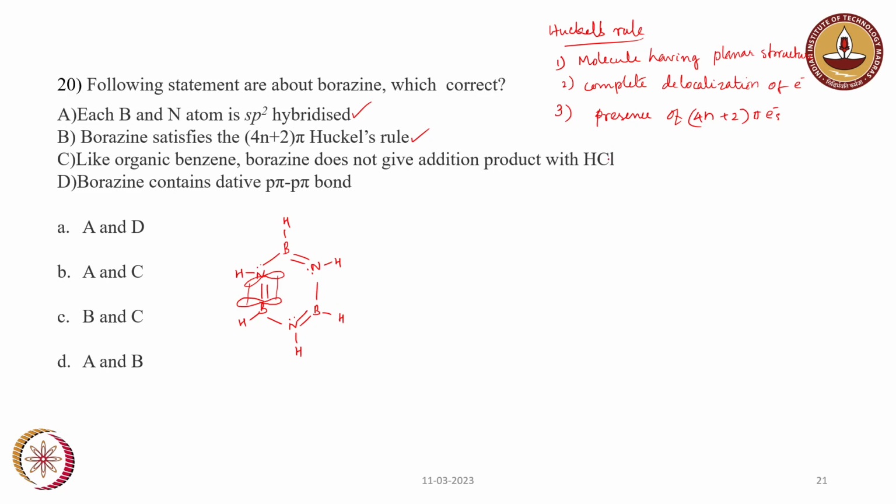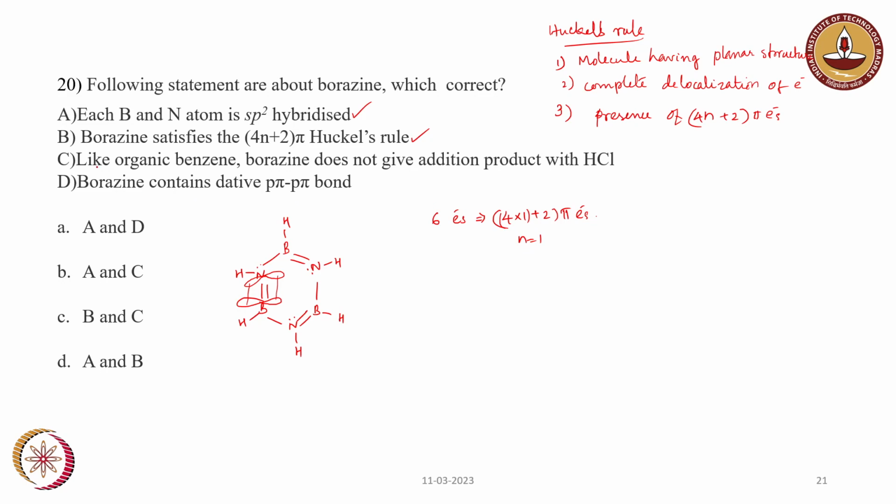So there are 6 electrons. That will be 4n plus 2 pi electrons, where n equals 1. So it satisfies Huckel's rule.